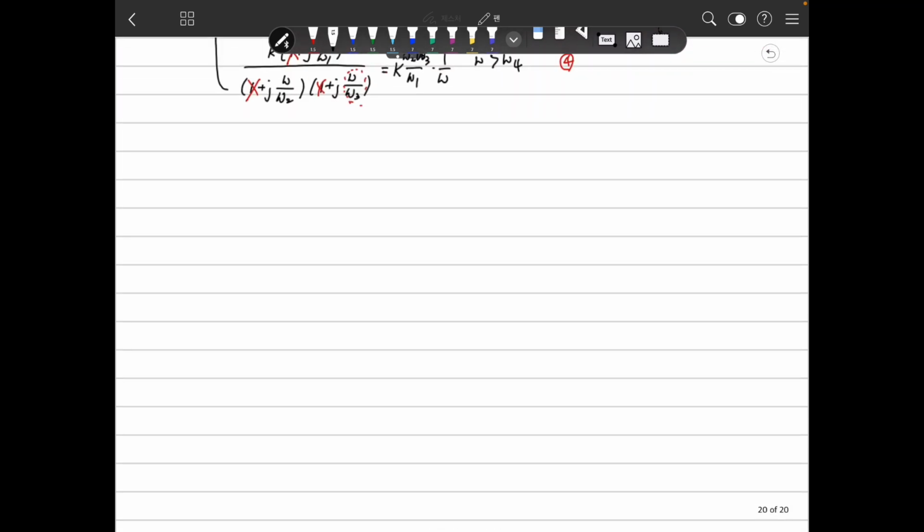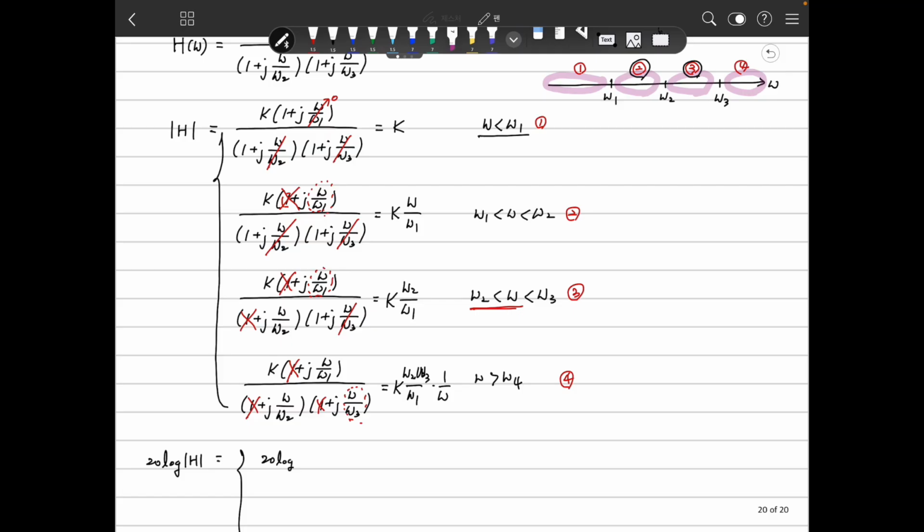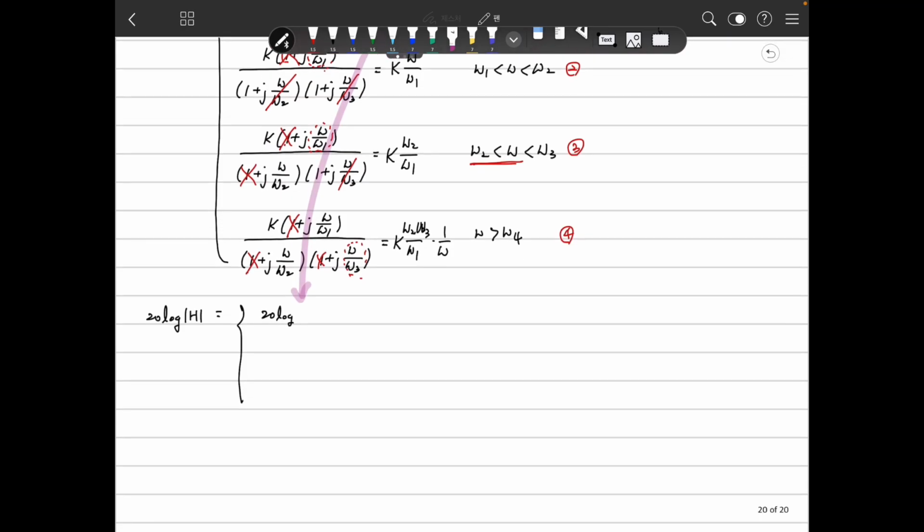So what should we do? Because we draw the Bode plot and magnitude in dB, we can take 20 log and insert those values here. The first 20 log, we insert that value here. Okay.